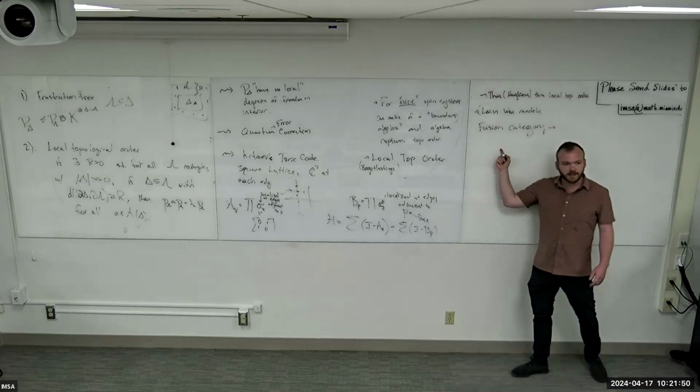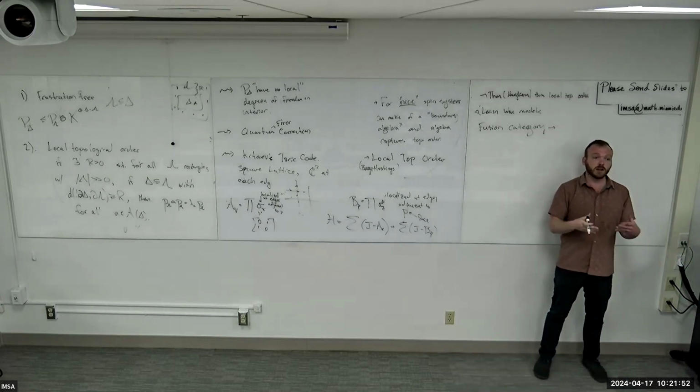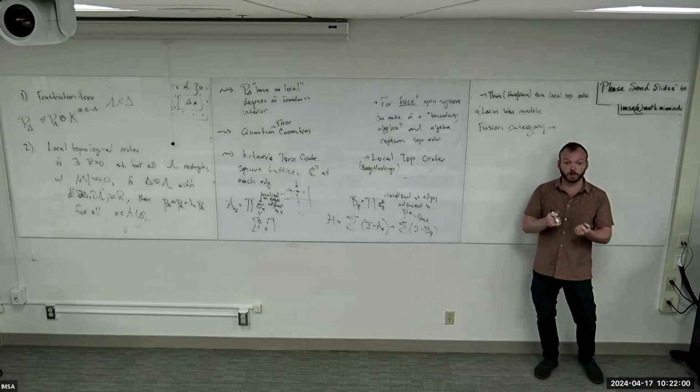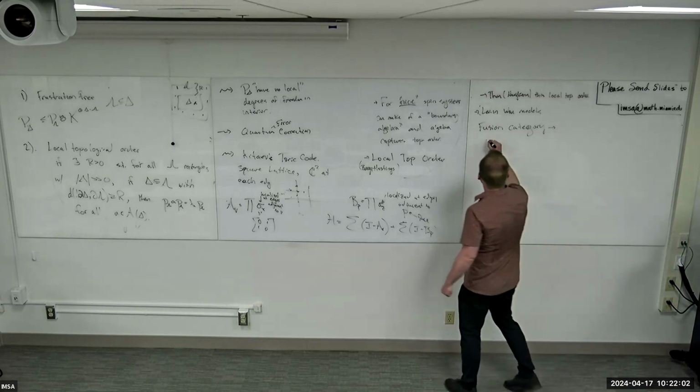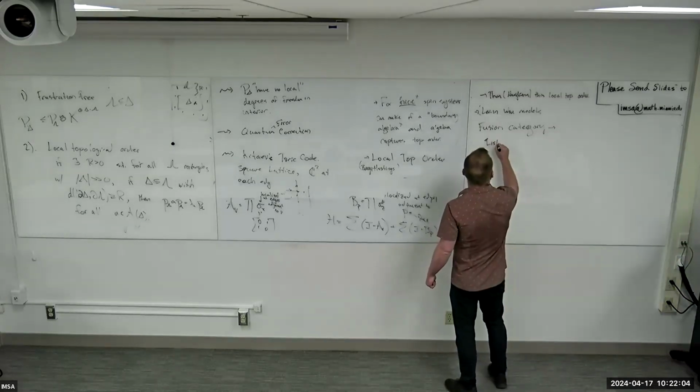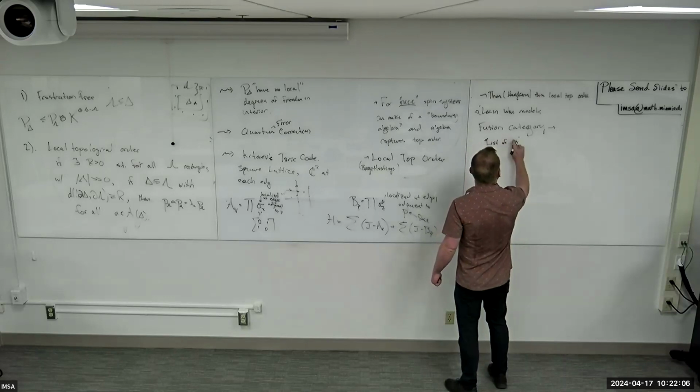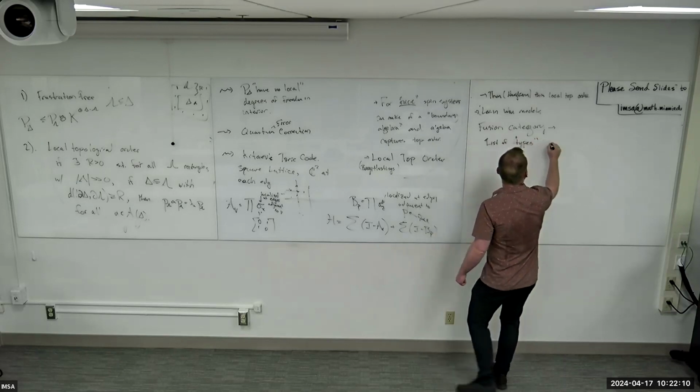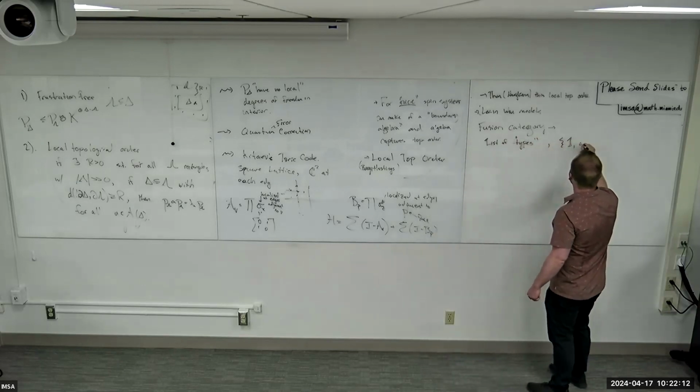What you should think of this as describing is a system of quasi-particles, topological quasi-particles, but not in 2D, in 1D. So I don't have a braiding, but it's basically the algebraic structure of quasi-particles without a braiding. So you have a list of types, and one of them is called the vacuum or the unit.